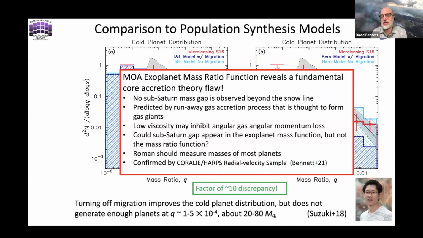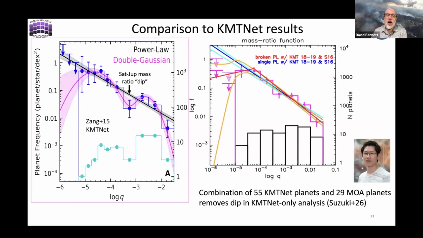This analysis was confirmed with the Coryn and HARPS radial velocity sample that also shows no evidence for this gap in the sub-Saturn mass ratio. More recently, there was a paper by the KMTNet group that showed a bit of evidence at a slightly higher mass ratio, at the Saturn to Jupiter mass ratio. They showed evidence for a dip, but not nearly a factor of 10 decrease.